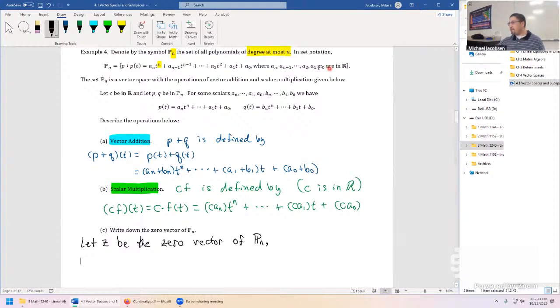But if we really want to write it down as a function that fits inside here, you can. Nothing's going to stop you. Z of t equals 0 times t to the n plus 0 times t to the n minus 1.